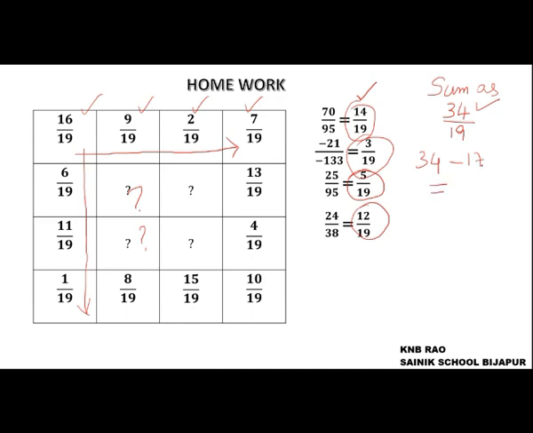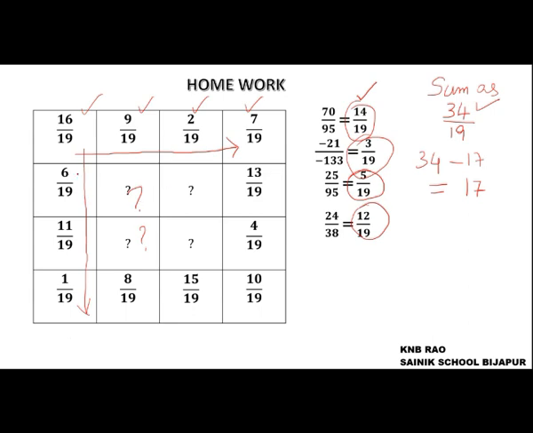That means when I subtract 17 from 34, I need 17 more. So among these four rational numbers, whose sum suits here? That is the first one. So 5 plus 12 is 17. 14 plus 3 is also 17. So that is the first reasoning.